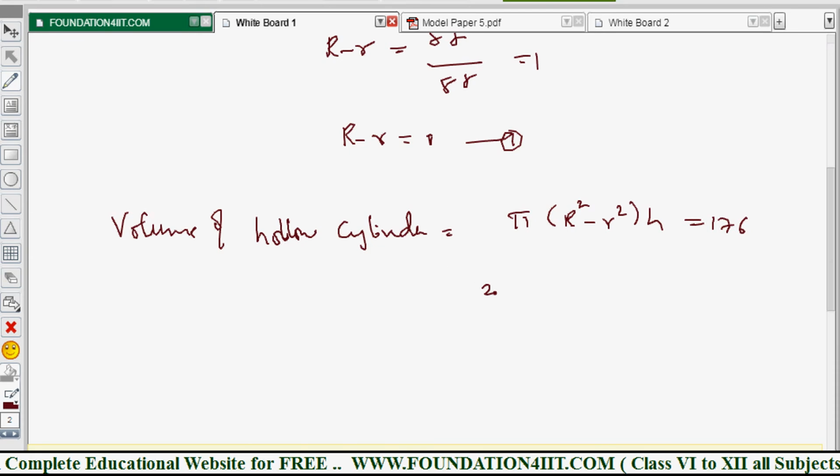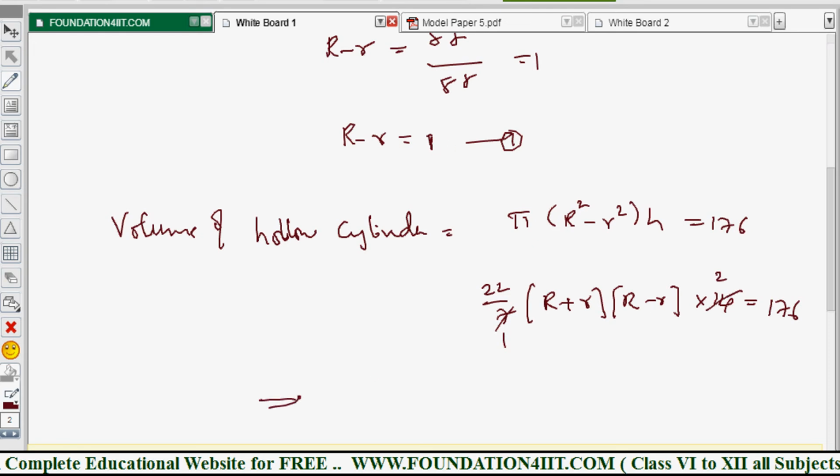Just apply. So 22 by 7, capital R square minus small r square is capital R plus small r into capital R minus small r, and into h, which is 14, so 176. Same, 7 ones are 7, 7 twos are 14, cancelled. Then you can take capital R minus small r as 1.